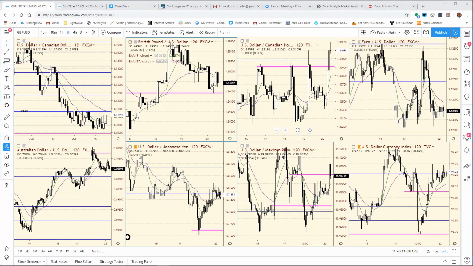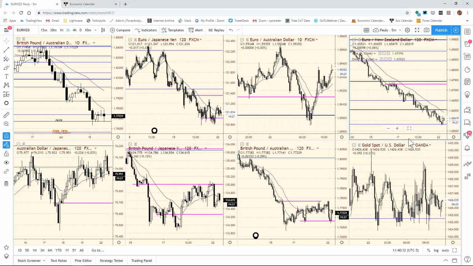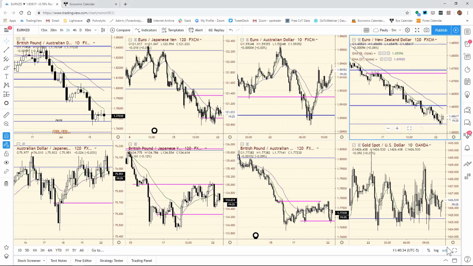We can go on and take a look at the cross rates. The one market that continues to sag has been the euro kiwi. We know the kiwi's been strong overall, but boy, this euro kiwi has been down like a submarine horn.